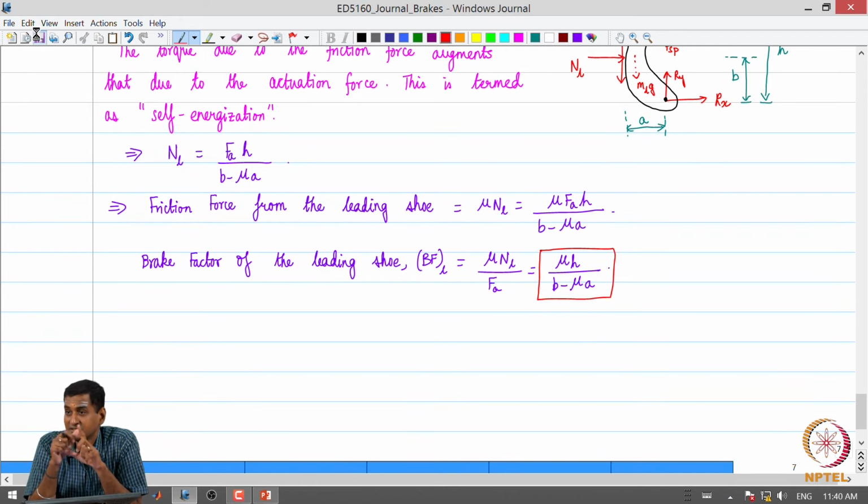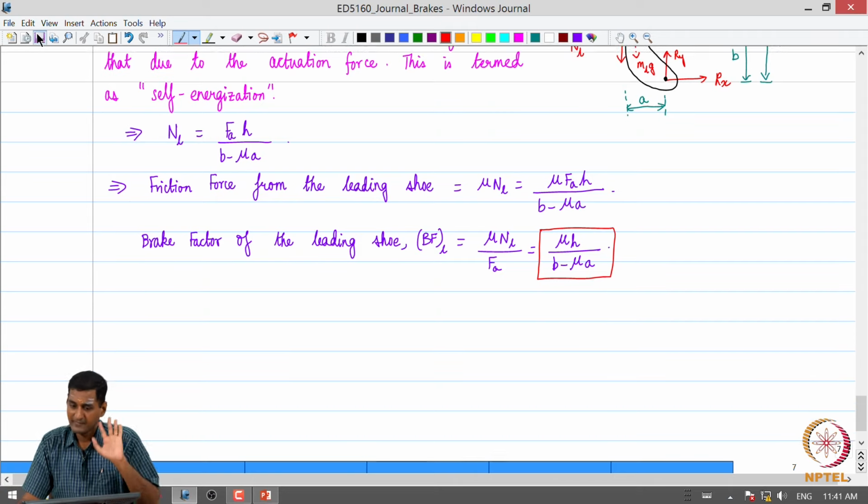The denominator is made smaller because we are subtracting mu A from B, and as a result the ratio becomes larger. Would a larger brake factor be desirable? Of course, yes, because brake factor is the friction force output to the actuation force input. With a larger brake factor, for the same input I get more braking force, or to obtain the same braking force I need to give a smaller actuation force. So I have an advantage from that perspective.